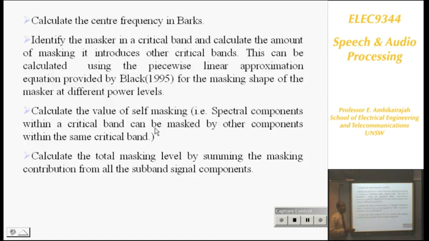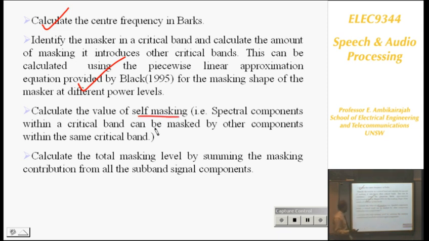Once you are done, I calculate the center frequency of each band. What are the center frequencies of each band? Well, I calculate that. Once I know the energy in each critical band of this wavelet decomposition, I now calculate the masking threshold. I need to use a masking model, so I use one of the models and calculate the masking threshold. Once you have done that, I calculate the value of self-masking.